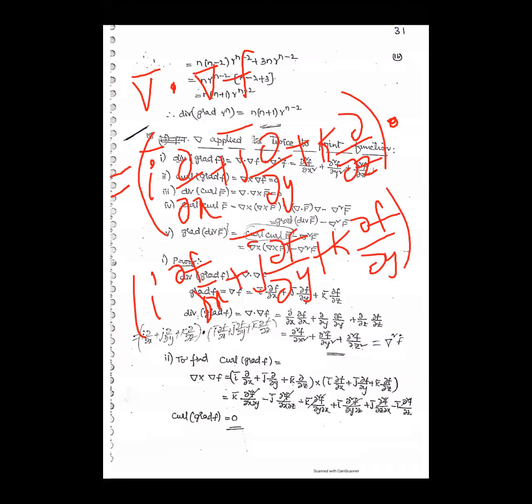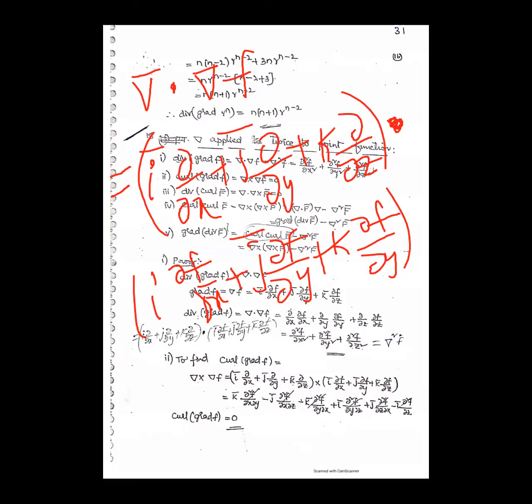Between them is the dot operator, so we multiply corresponding terms only, that is 1 into 1 plus 2 into 2 plus 3 into 3, because i dot j is 0 and i dot k is 0. In different terms, the dot operation is equal to 0.